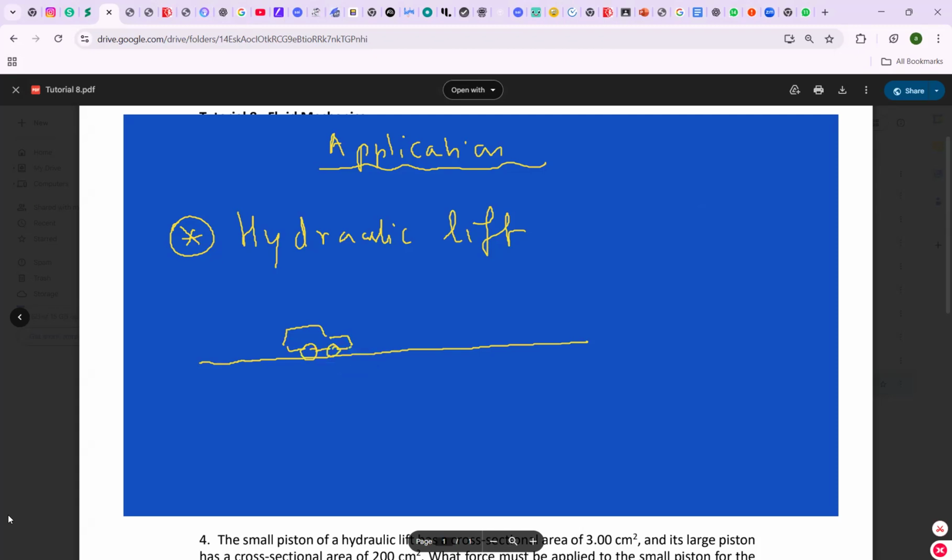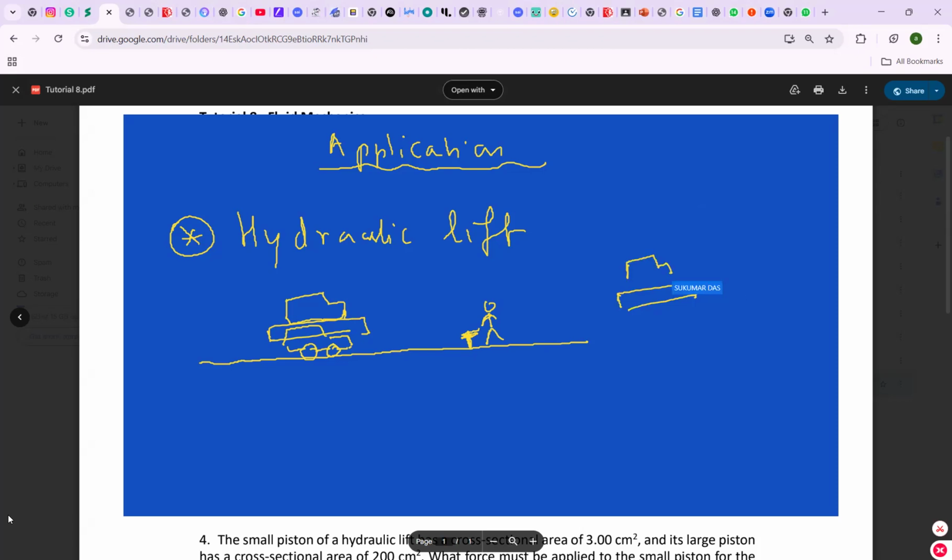Then one person, just like a slim boy, will press a button here, and suddenly your car, with the platform, will rise up. So what he has done is that this car is now lifted.